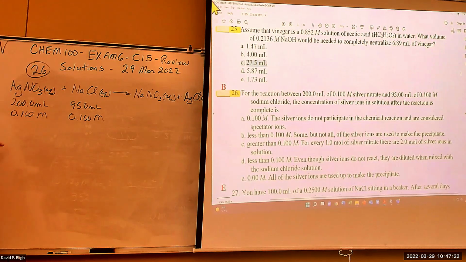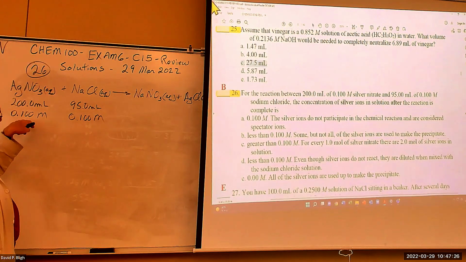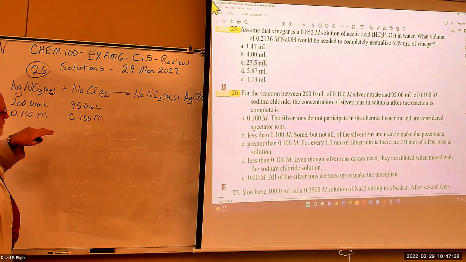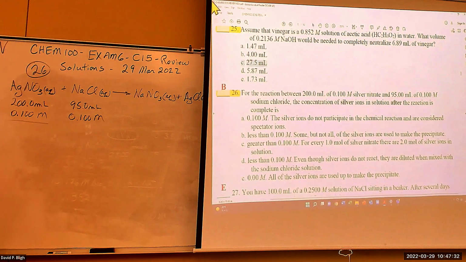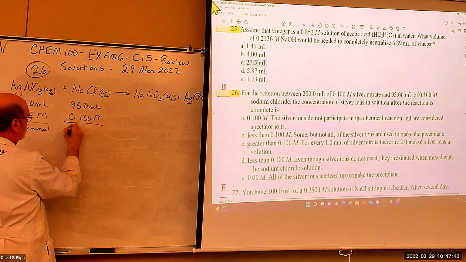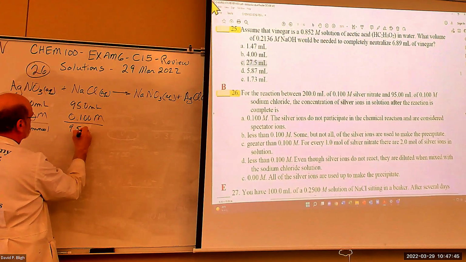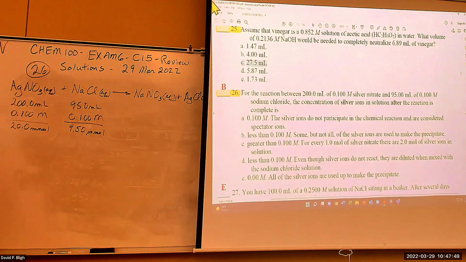We find out how many moles of each. I'm going to use millimoles, milliliters times molarity. So this is 20 millimoles of silver nitrate, and this is 9.5 millimoles of sodium chloride.